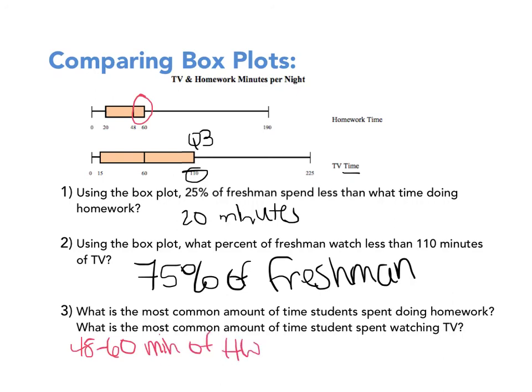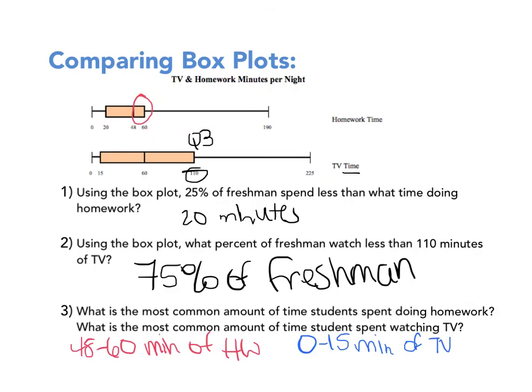Of TV, which might be surprising, but may not be so surprising, I don't know, the most common range of data is right here between 0 and 15 minutes of TV watching. So remember, to find the most common, you look at the concentration, and these would be very spread out over a long distance.